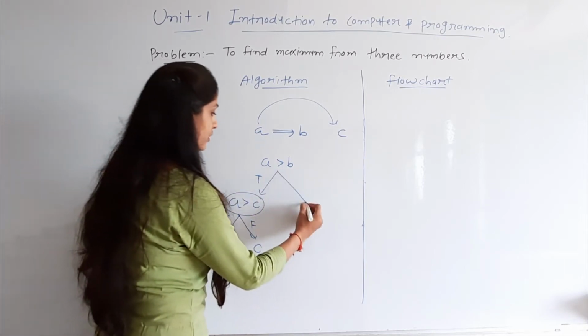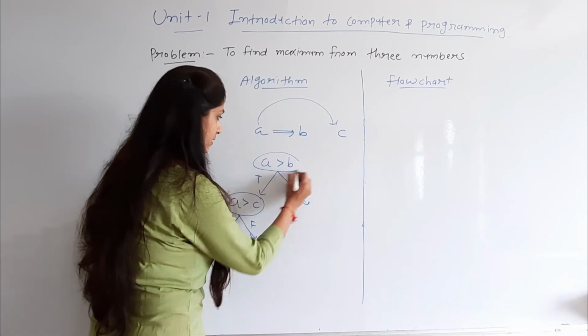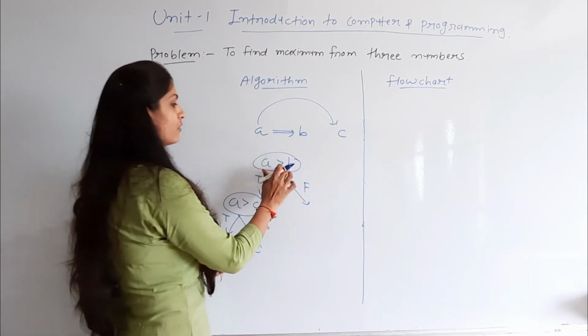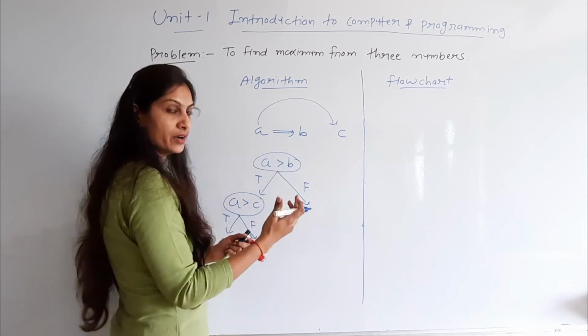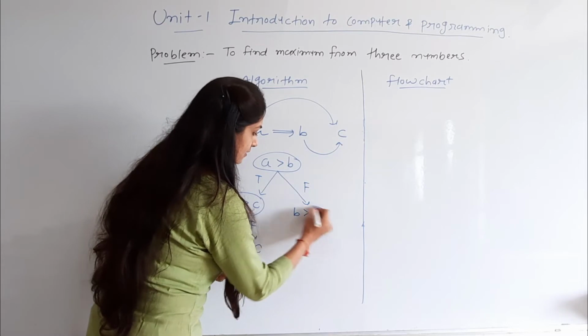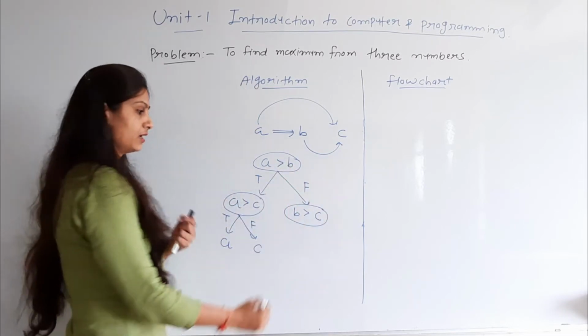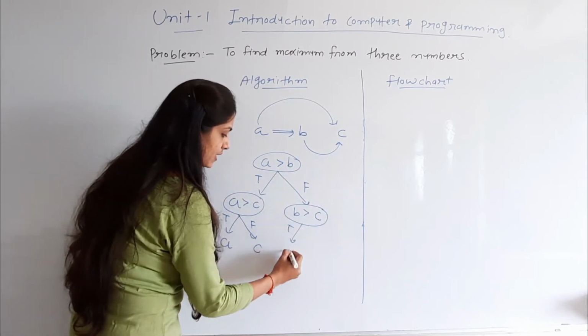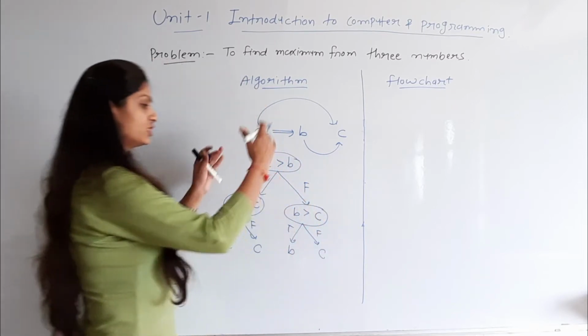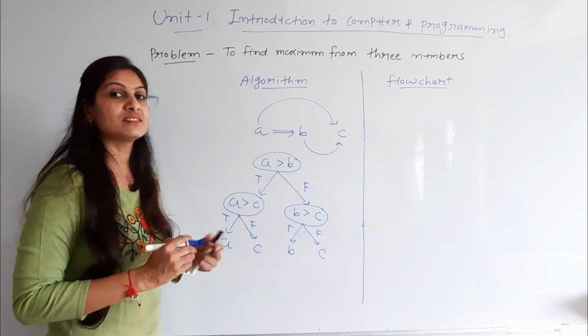Now go to the false part of the first condition, that indicates now B is greater than A. So we have to check B with the third, that is C. And for that write the condition like this, B is greater than C. Yes, true part, answer is B. False part, the answer is C. So this is the flow how we can write steps.